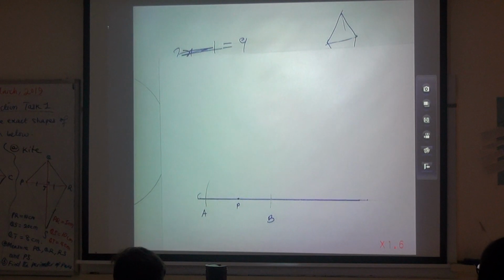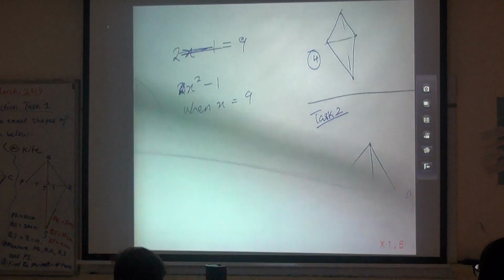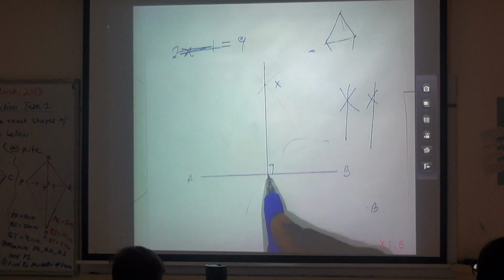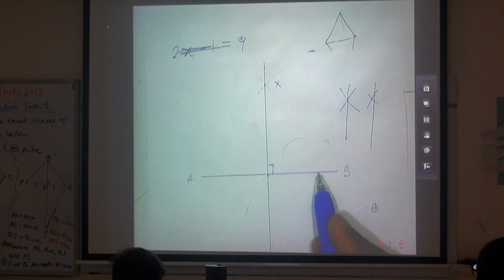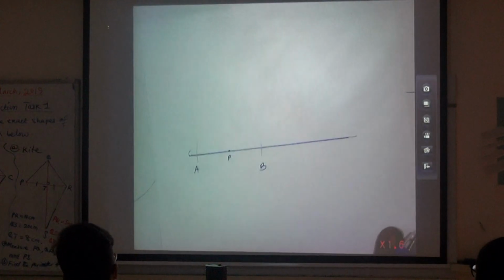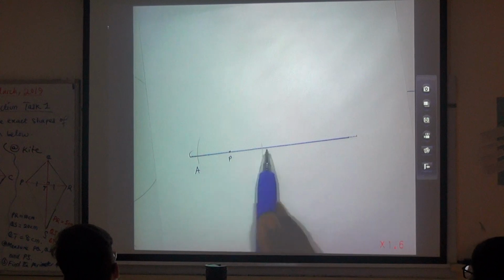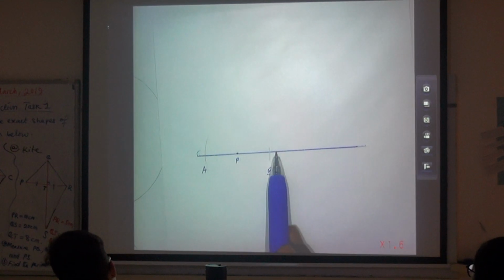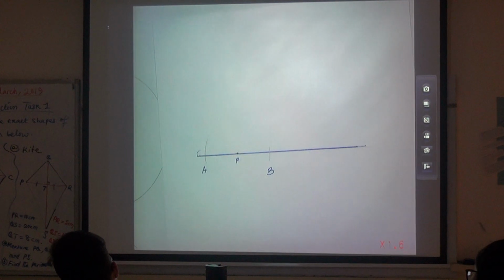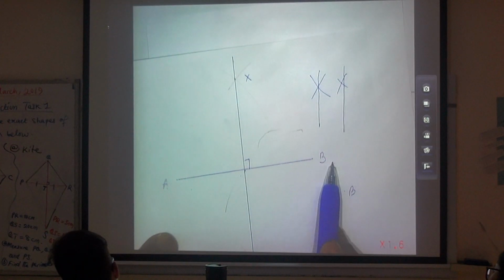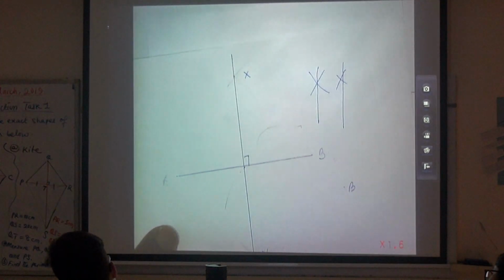What we have just done is, unlike the previous one where from A and B we created a center of the same distance, now we started from the center, and we created A and B ourselves. Because the gap from here to here is also the gap from here to here now. Can you see the logic? In the other case, you start with A and B, you create the center with these arcs.